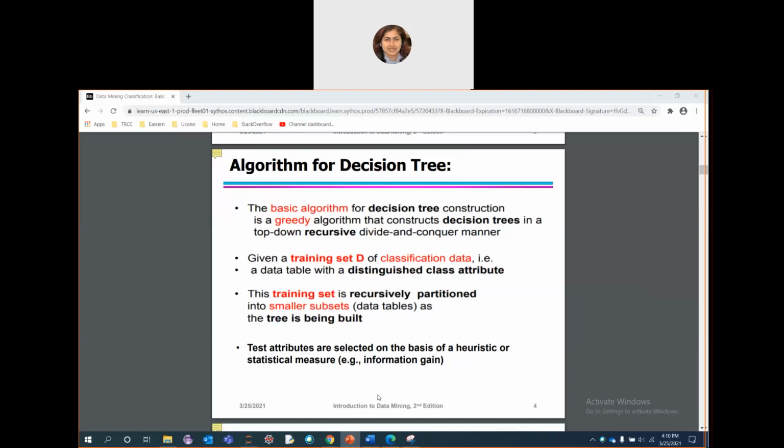And then you have to select certain test attributes for classification, which will give you the optimal decision making capability. This term is referred to as information gain. For making a decision, you rely on the information gain measure.